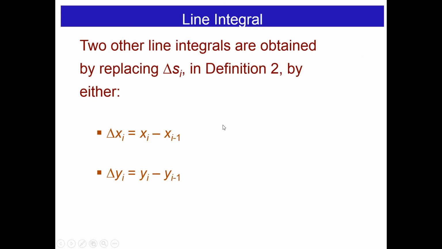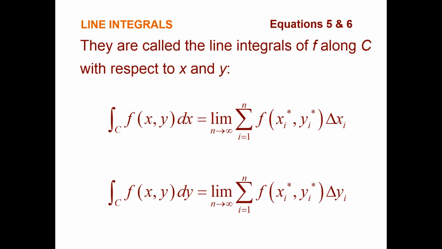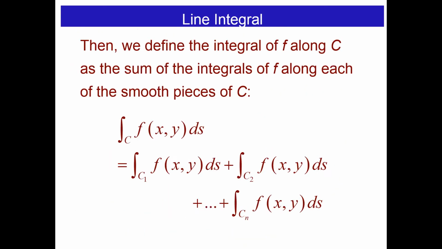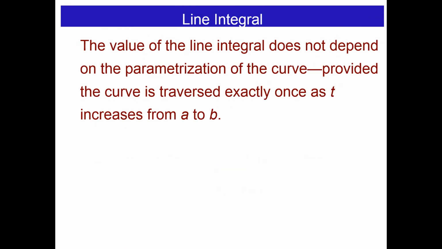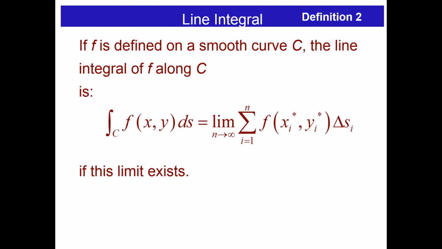Okay, another type of line integrals. Two other line integrals are obtained by replacing delta s_i in definition 2 by either delta x_i or delta y_i. Let me show you what definition 2 was. So this was definition 2.